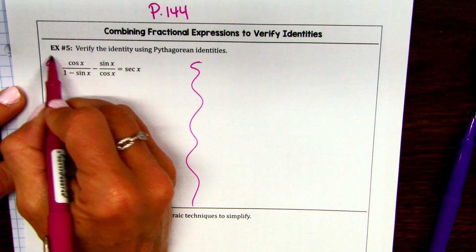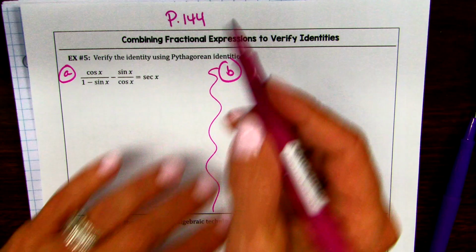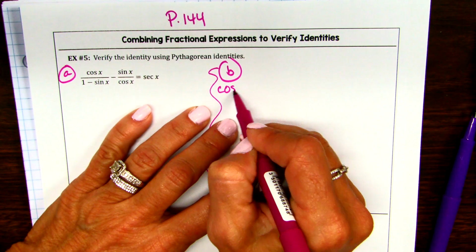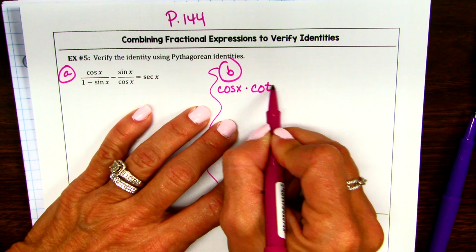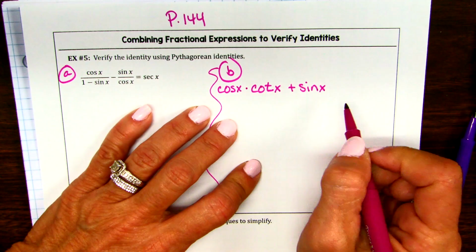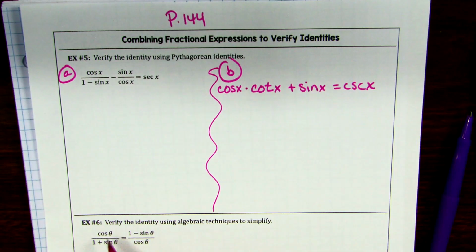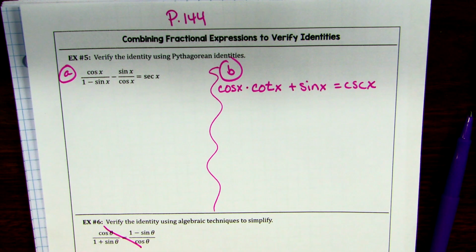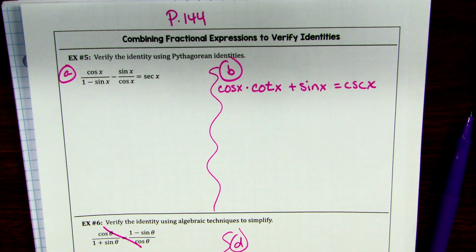I'm going to call this guy A. And I have a C and a D for you. I'll give those to you in a minute. Let's look at A and B first. These are the hardest two. In fact, A is the hardest one. Okay? So I'm going to actually start with B.